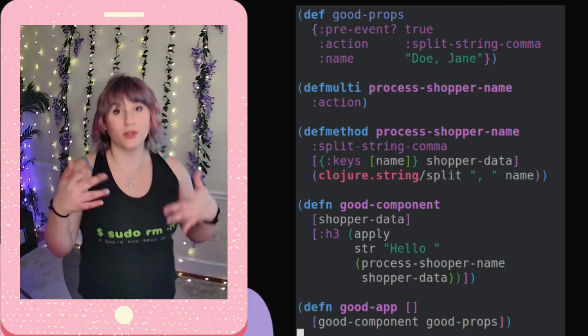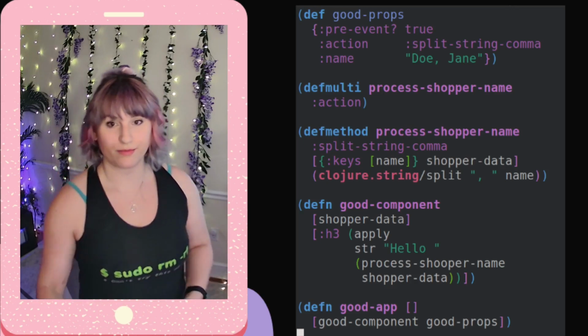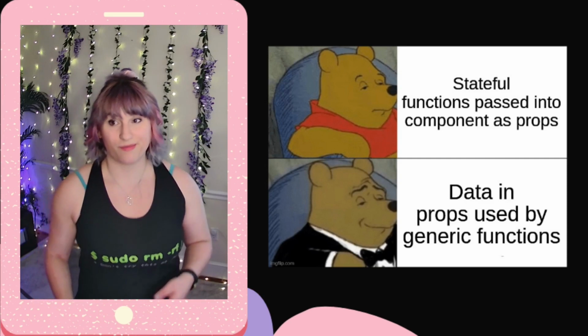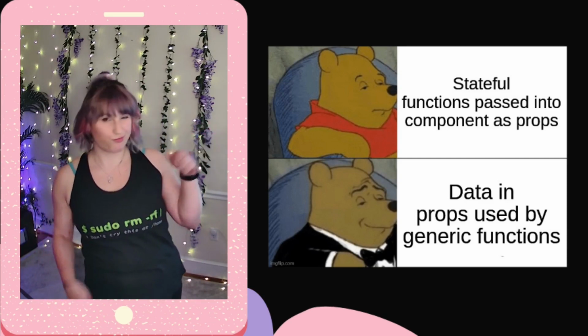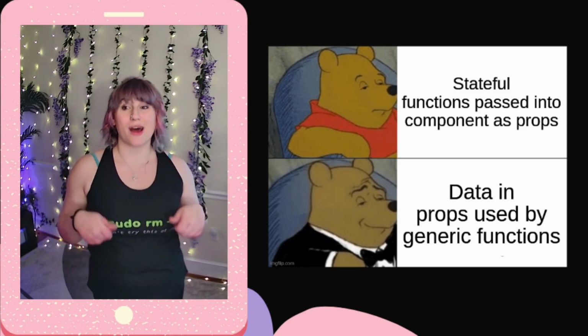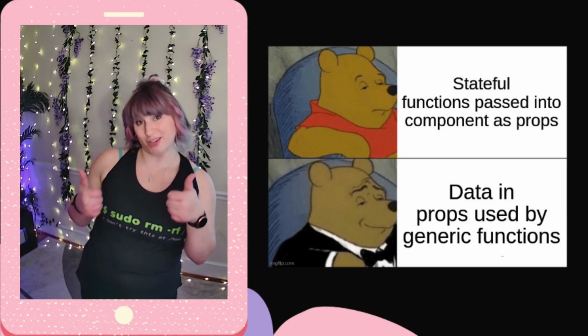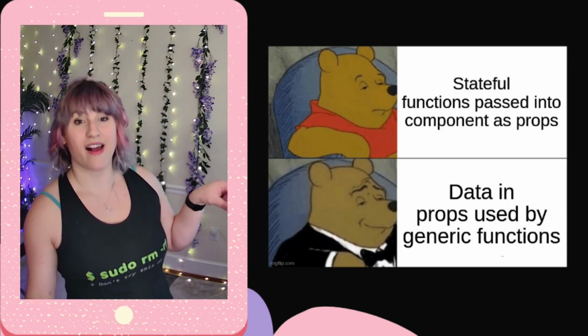And then set up a multi-method on the end to actually do the function. So, stateful functions passed in a component as props, no go. But data and props used by generic functions, yeah, I like it.